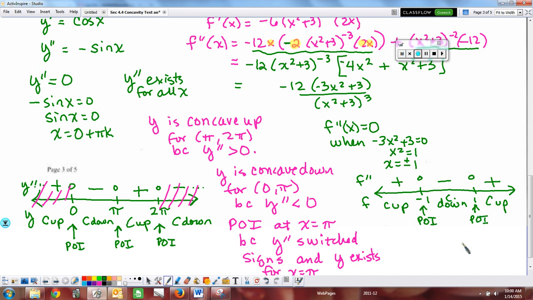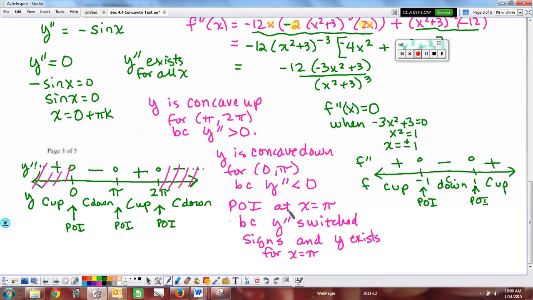The graph was differentiable, f was differentiable everywhere, so if our second derivative switches, we have a point of inflection.